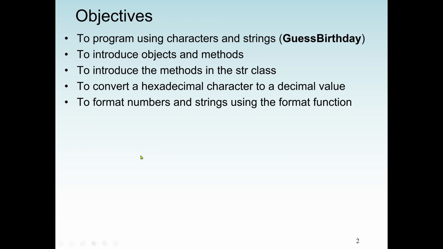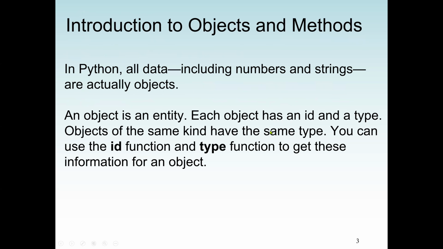Also, we're going to learn how to format numbers and strings using the format function. Python comes with a format function, which is a built-in function, and we can use it to format our data or values, especially decimal values and integers. For example, for decimal values, we can specify how many decimal places we need, and also how many whole numbers we need.